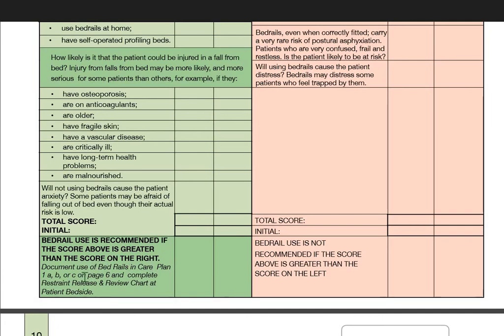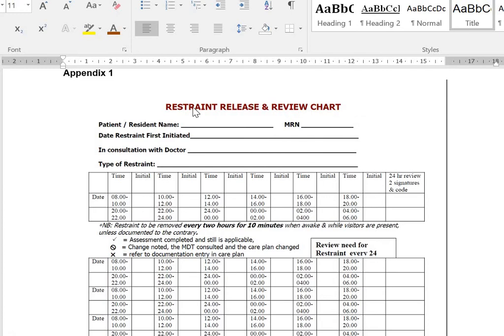So if you are using bed rails, document the use of bed rails in Care Plan 1A, B or C on page 6 and complete the restraint, release and review chart at the patient's bedside. This is the restraint, release and review chart.